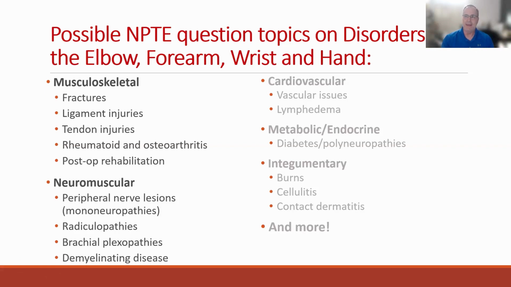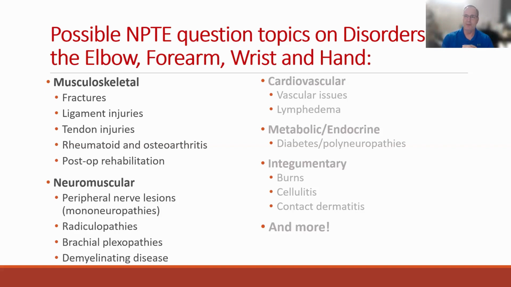And then, I've got the other categories on the right grayed out already, but we know how, for the cardiovascular system or lymphatic system, lymphedema would be a consideration. Diabetes, we know that in terms of sensory impairments and polyneuropathies, we see a stocking and glove type of distribution for sensory impairments.